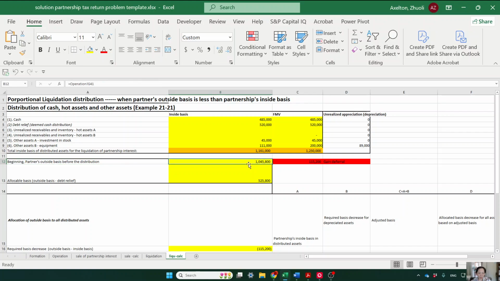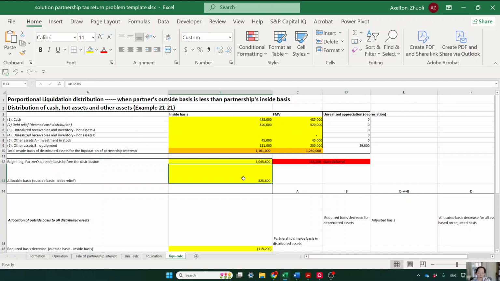This outside basis does include the debt, but for the inside basis calculation, we also need to consider the debt relief, because in a partnership interest liquidation, the partnership not only distributes the assets to the partner, there's also a debt relief component we have to consider.